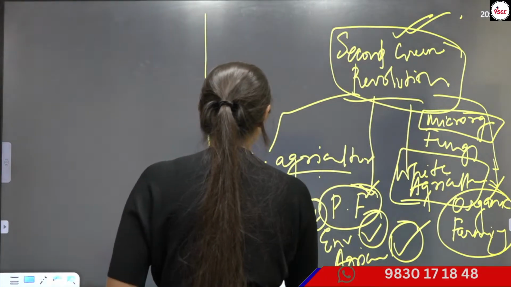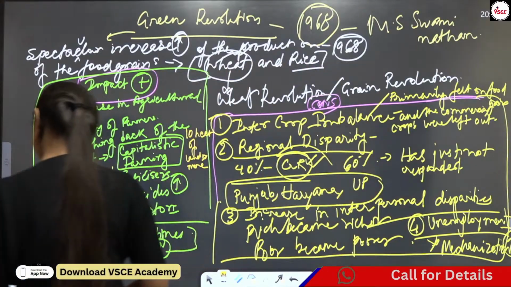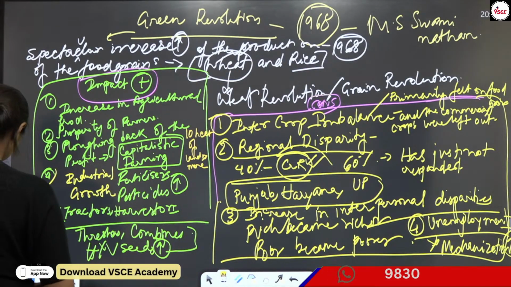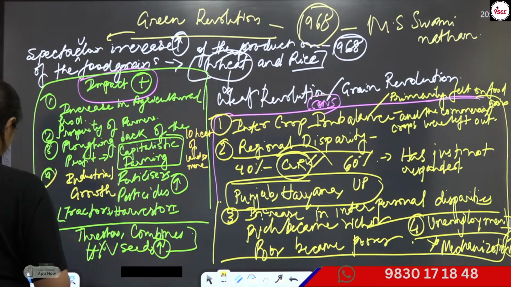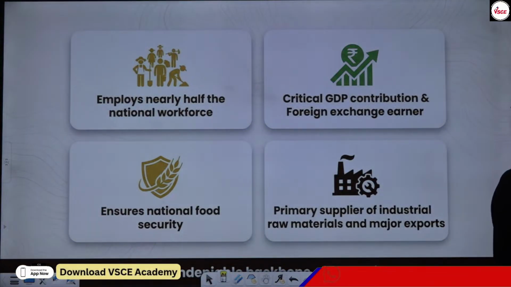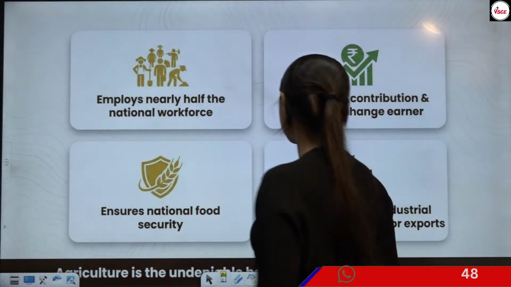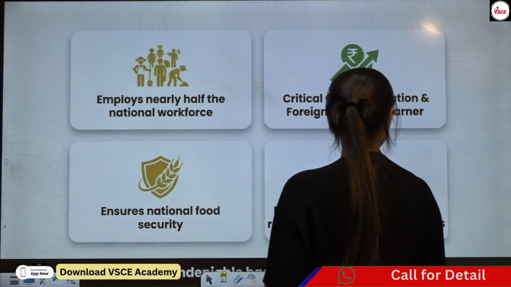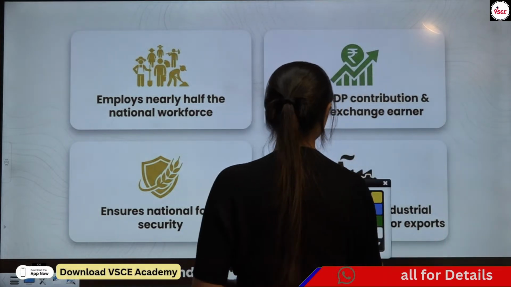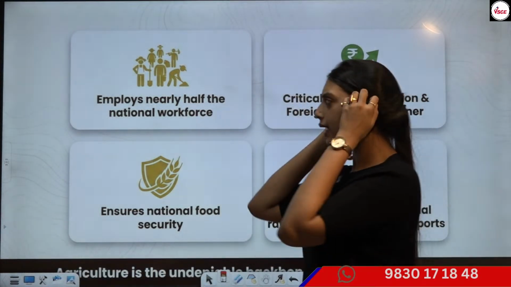So now we are going to proceed to the slide. Okay, now let's see what agriculture does in a very proper way.